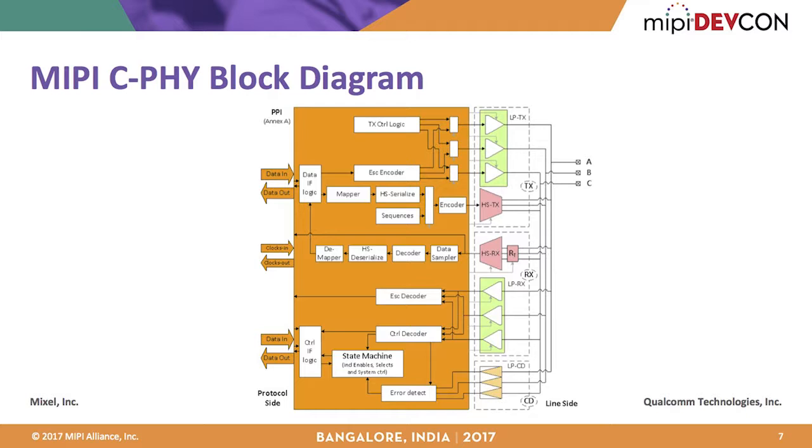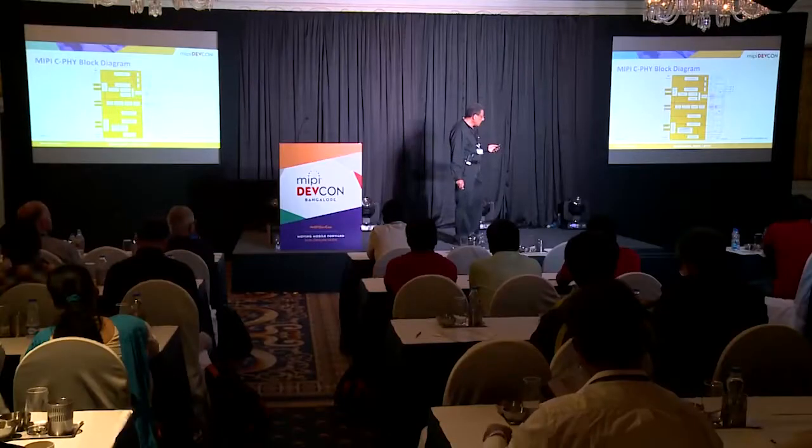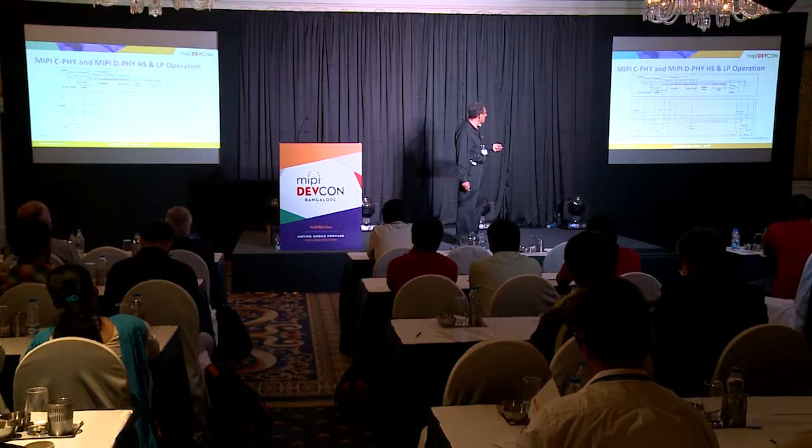Each lane is a trio, 3 signals. So 3 signals go from the transmitter to the receiver. Additionally, you need the serializer, deserializer. There are 2 additional functions that the C-PHY needs, which are the encoder and a mapper, and we'll talk about that in the following slides.